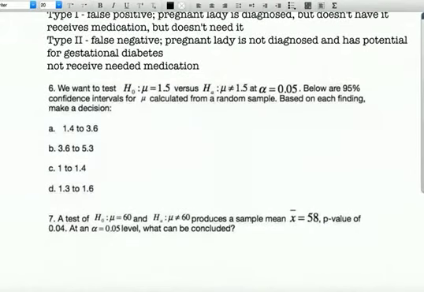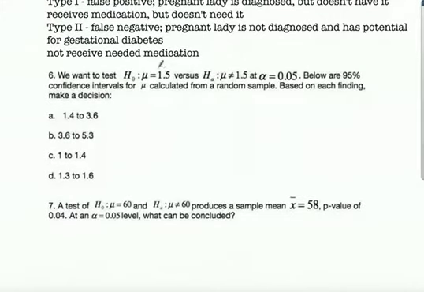Number 6 says we want to test a null hypothesis where mu is equal to 1.5 versus an alternative hypothesis where mu does not equal 1.5 at a significance level of alpha equals 0.05. Below are 95% confidence intervals for mu calculated from a random sample. Based on each finding, make a decision. So if they give you the confidence interval, what you're basically looking for is: is my claim inside that confidence interval?